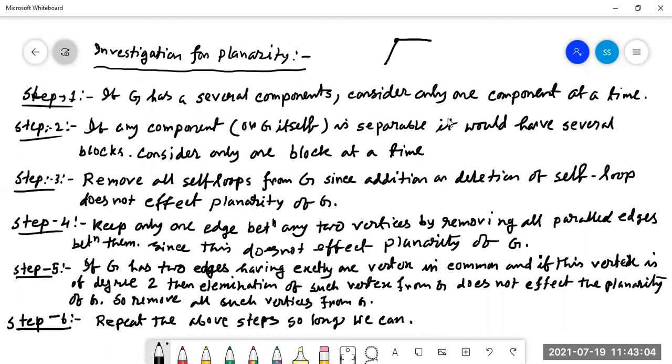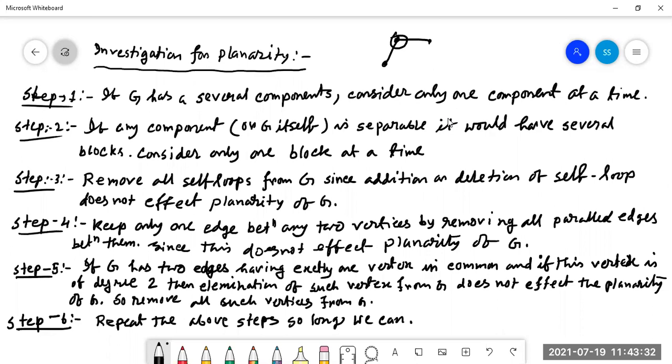And if this vertex is of degree 2, then we can remove this vertex from G.